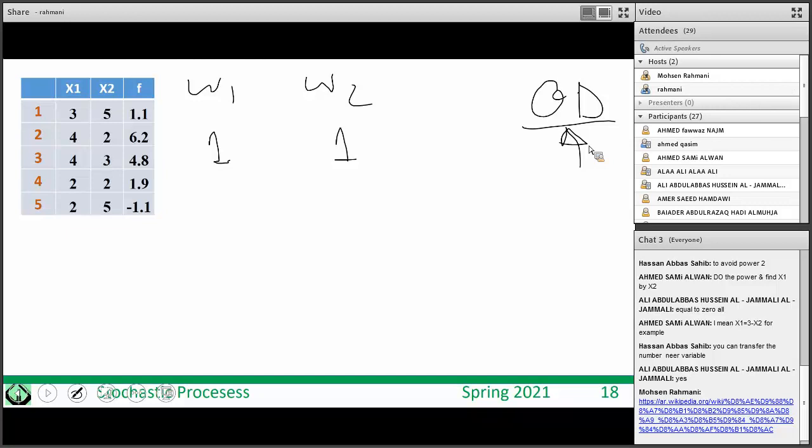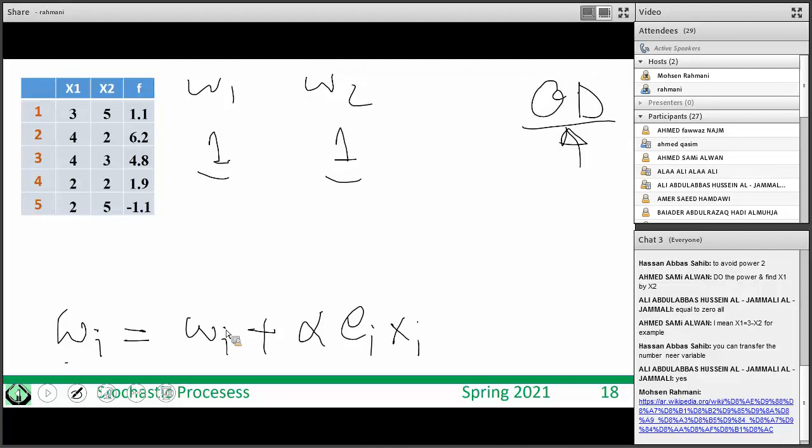Gradient descent says to modify the weight by using this formula: Wi is Wi plus alpha Ei Xi. What does it mean? I use W1 and Wi, where i is 1 or 2 in our problem.